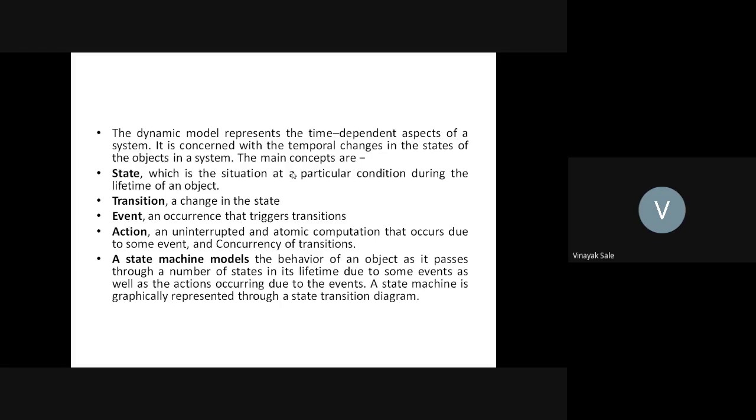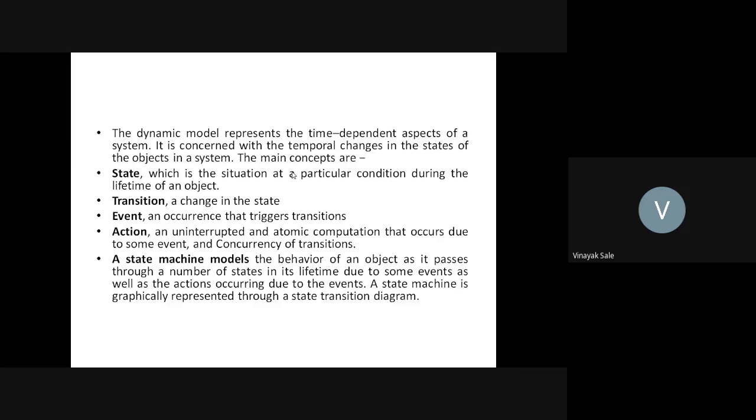Transition is a change in a state, that is a transition. Then event: an occurrence that triggers transitions. Then action: it is an uninterrupted and automated computation that occurs due to some event and concurrency of transitions.